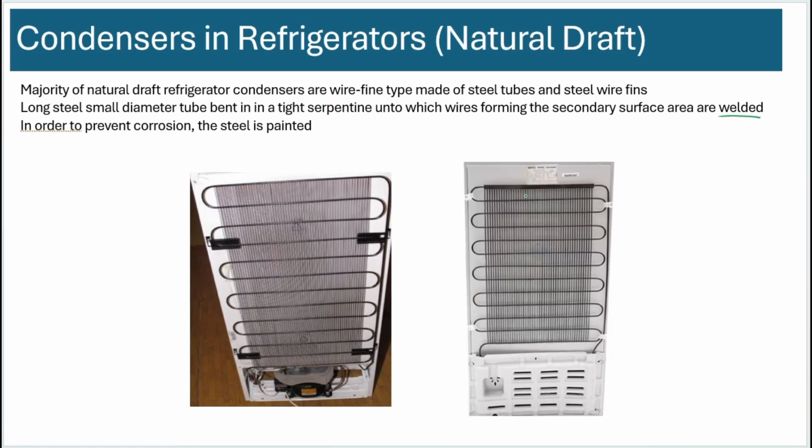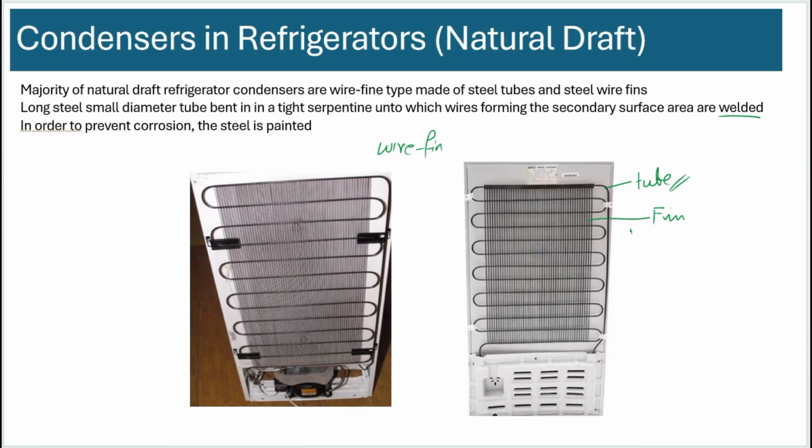So you see these vertical wires, they're welded onto the serpentine tube. So first you'll bend this tube, okay, into this shape, and the refrigerant will flow in through that tube. The other tube is a solid fin. It's just welded fin. This is basically a fin, and this is a tube, okay? So it's basically wire fin type.